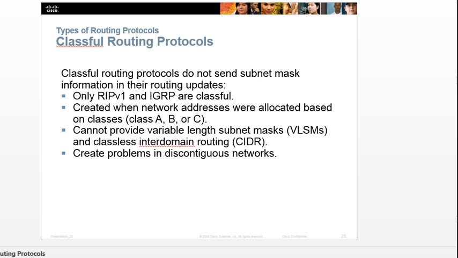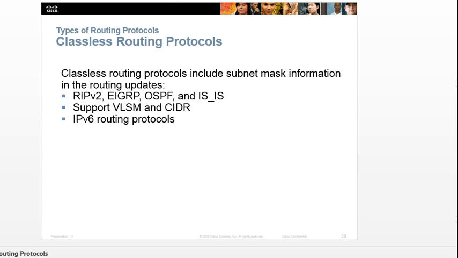They were created when networks were located based on only those classes. So think back to your 101 days, your A, B, and C networks. They cannot provide for variable length subnets, so they cannot do CIDR. There is only classful routing with these two old protocols. So they create some problems in networks if they're used for that reason.